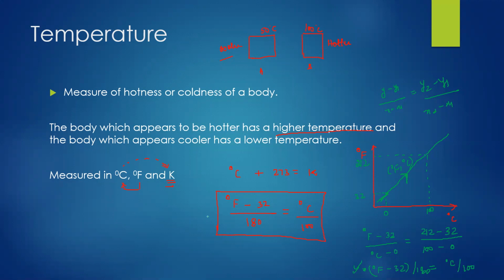This is the conversion that you need to keep in mind. This is how you convert degrees Fahrenheit to degrees Celsius, and then this degrees Celsius you can simply convert into Kelvin. That is how you have temperature, a very important parameter while we are dealing with thermodynamics.